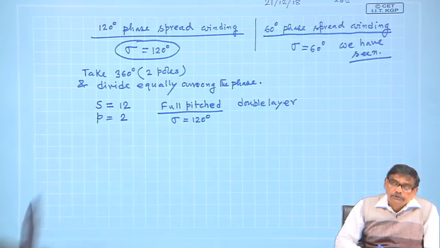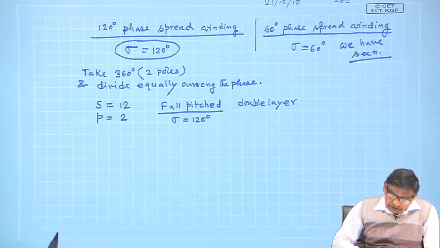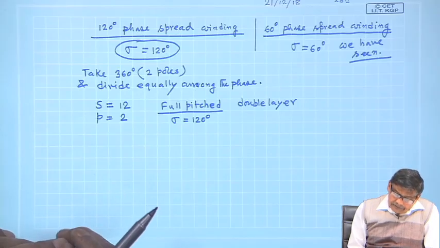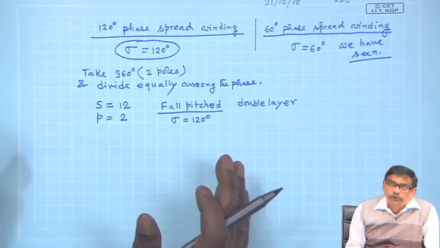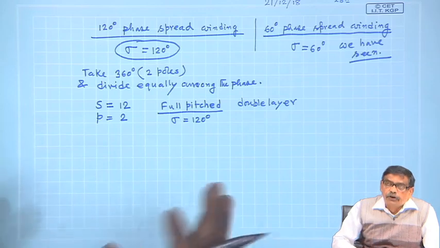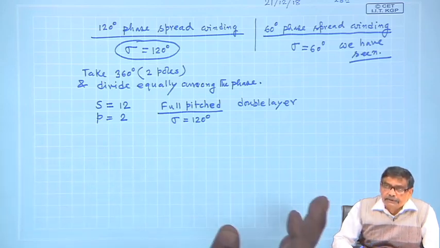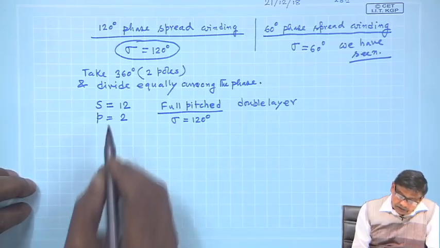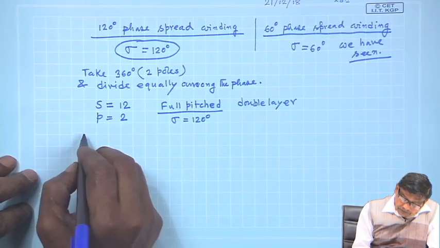So, there are 2 poles. So, over 2 poles there are 12 slots. Therefore, under this 2 pole total number of slots should be equally divided. Okay. Therefore, what is that?